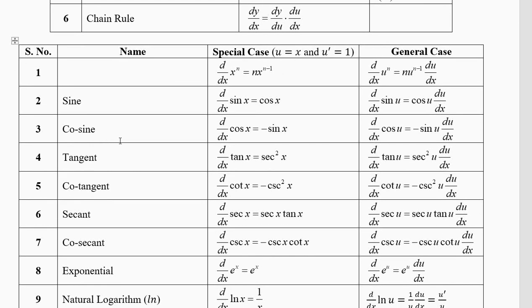Now there are six trigonometric functions. Trigonometry is related to the angles in the triangle and the sides in the triangle. If you take a right angle triangle, you'll have three sides: A, B, C. The biggest side has some name, don't worry about it. We'll get six ratios. How?